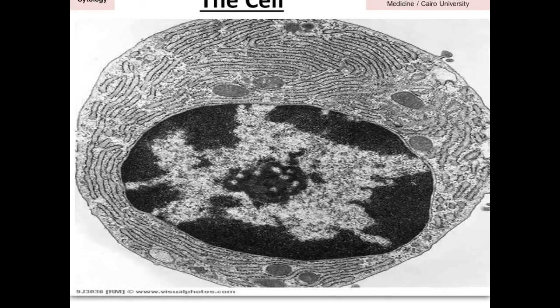It looks like a clock face or a cartwheel appearance. Also notice here the outer granular layer of the nuclear envelope, very evident. This appearance is very characteristic for the plasma cell, with a cartwheel appearance, or bands of heterochromatin alternating with the euchromatin. And of course you can see the nucleolus very evident, so it is not an inactive nucleus.